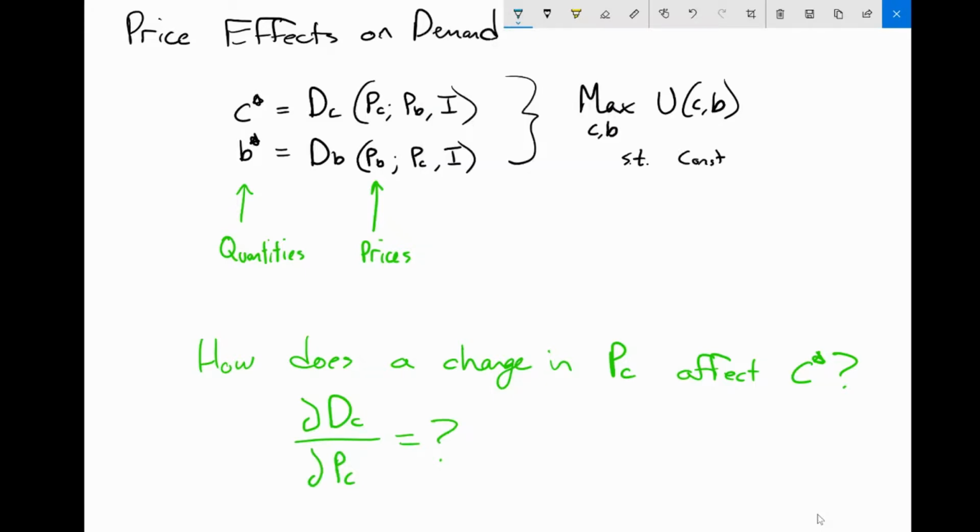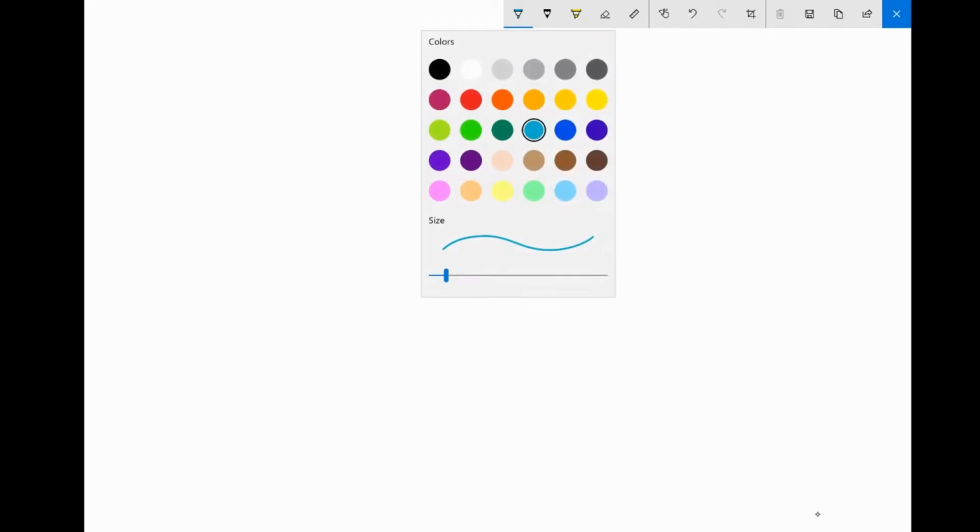What we're going to find is that this is composed of two different components: something called an income effect, and something called a substitution effect. We'll disentangle those and talk about them. So let's go ahead and get started with that.